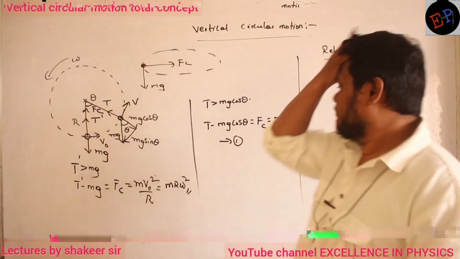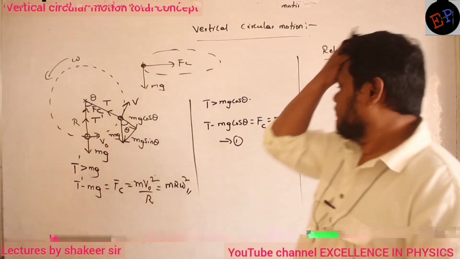As velocity is not zero at 133 degrees, the body continues to move in a circular path. That is the condition. Understood?